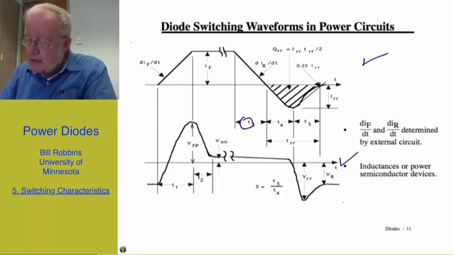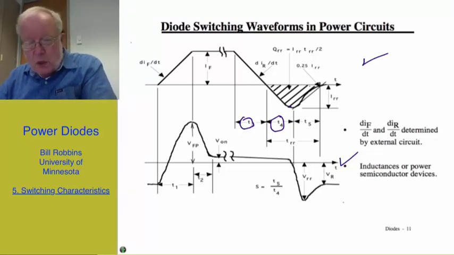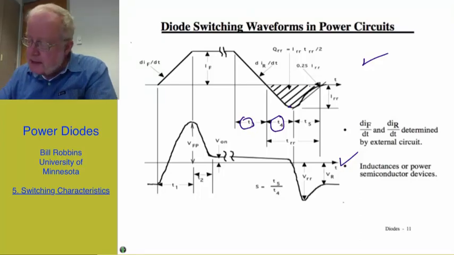That maximum negative value is the so-called reverse recovery current I sub RR. And then from the peak negative value down to some value, either 25% of the peak negative current or 10%, whatever seems reasonable to you, takes a time t5.